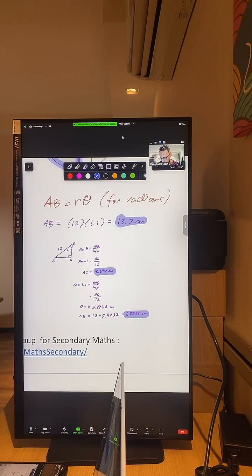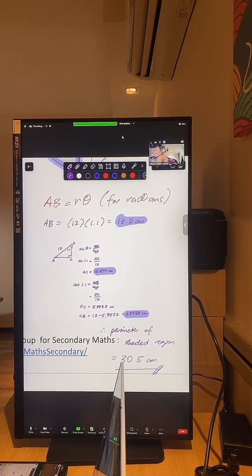So the answer should be 30.5. So the perimeter of the shaded region equals 30.5 cm.